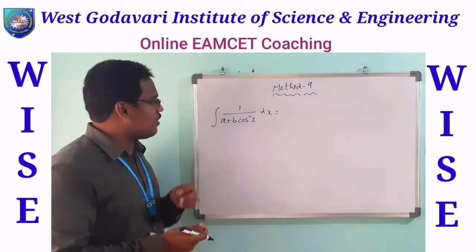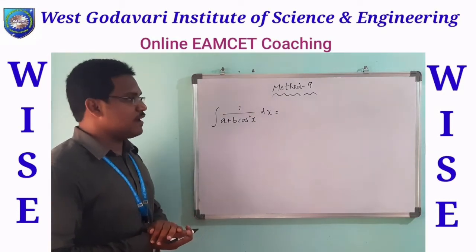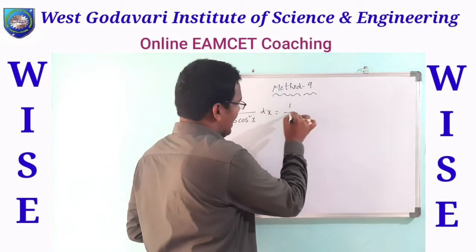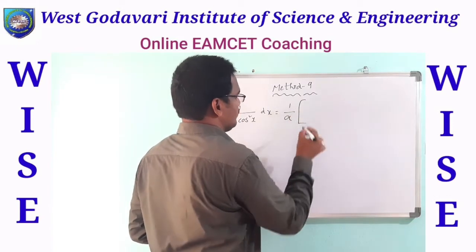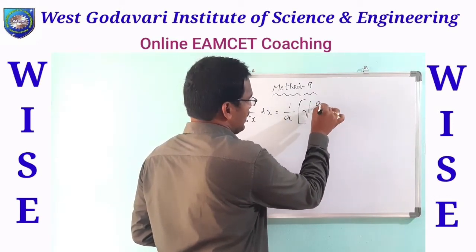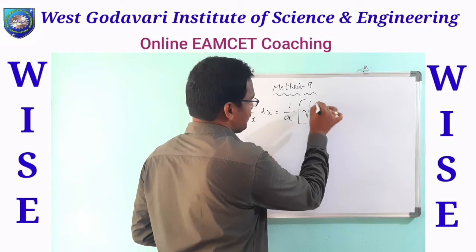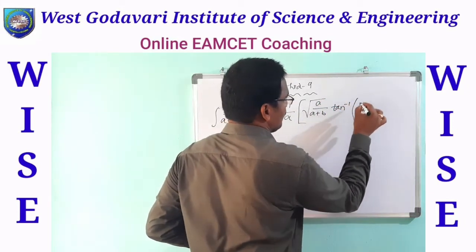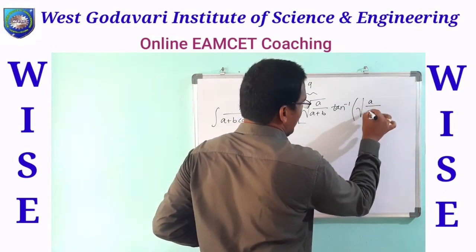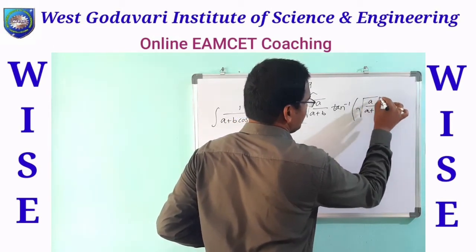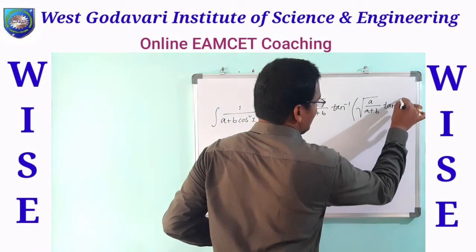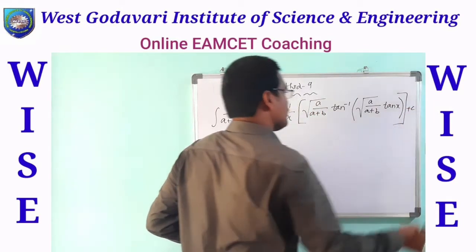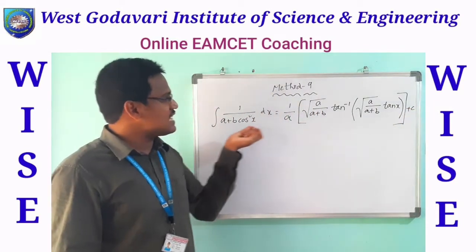Whenever the integration is in the form 1 by a plus b cos square x dx, then the result of the integration is 1 by a square root of a by a plus b tan inverse square root of a by a plus b tan x plus c. So this is the result for this integration.